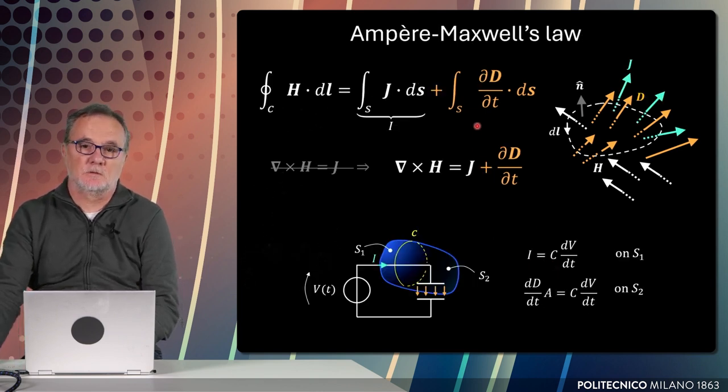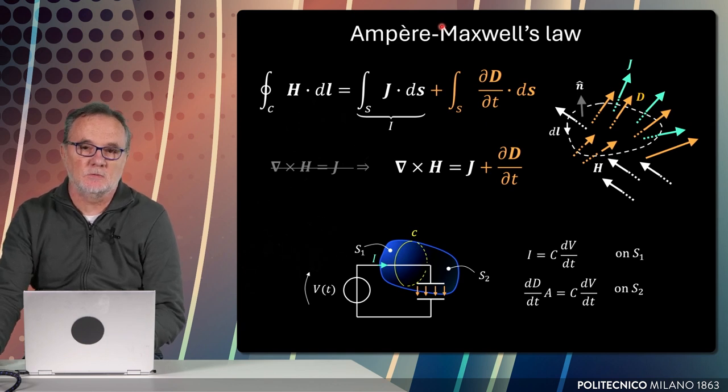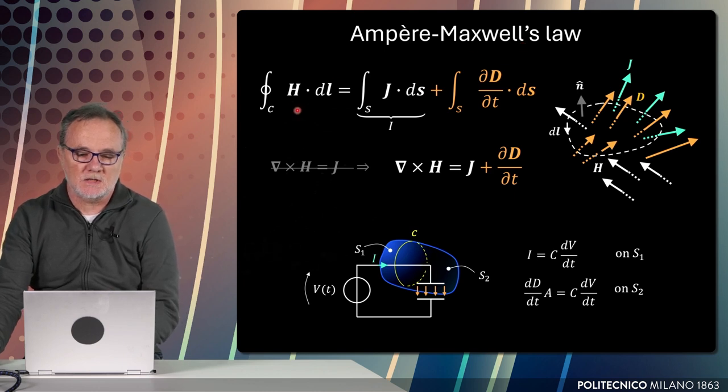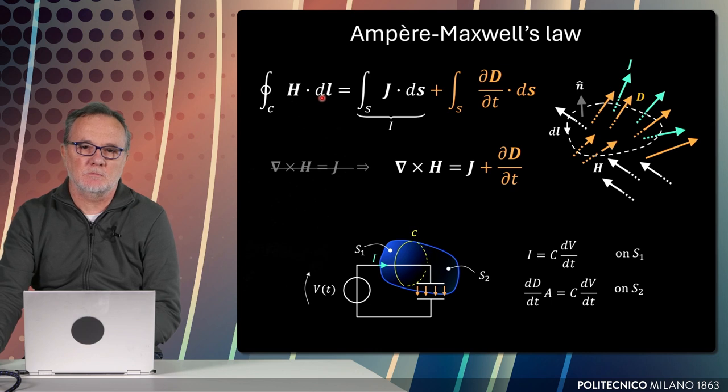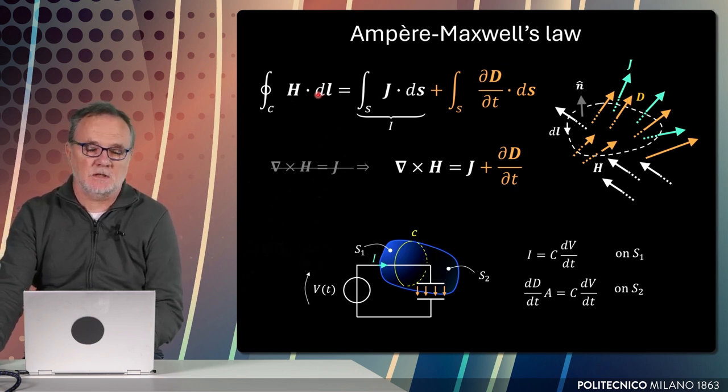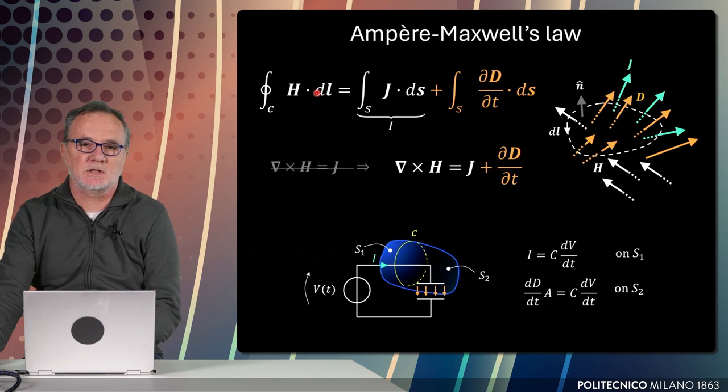Another very important phenomenon is that represented by the Ampere-Maxwell law, another relationship between electric and magnetic phenomena. On one side, we have the circulation of H over a closed line that we can plot in space. We know from magnetostatics that this circulation of H must equal the total current crossing the surface whose boundary is that line.